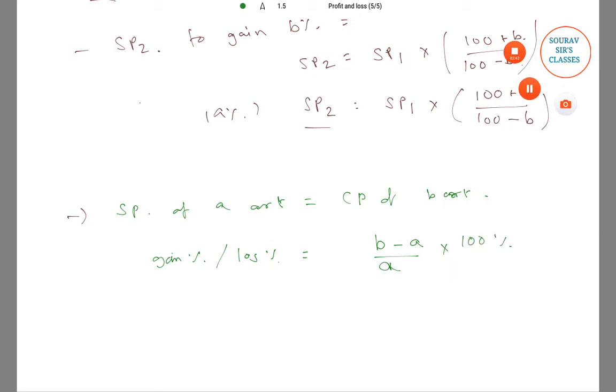So here, if B is greater than A, there will be gain, and if B is less than A, there will be loss.